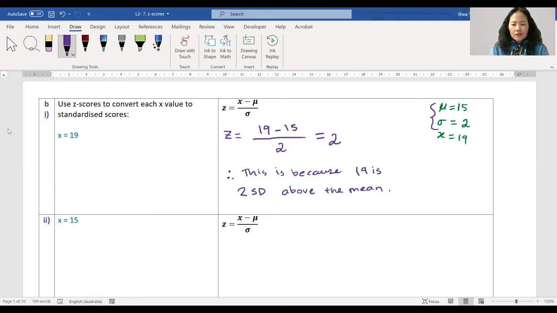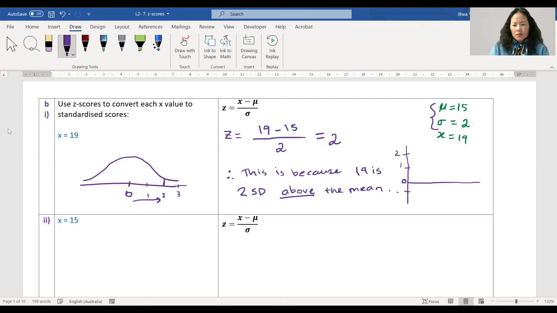So when we say above, but on a bell curve there's nothing really above. It's just to the right. So it's a 0 here, and 1, 2, 3. So it's right there. Okay, so to the right by 2, but we will say above and below, because in a real Z-score diagram, it's 0 here, 1, 2, and -1, -2.